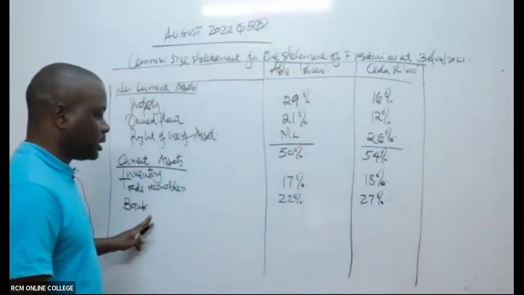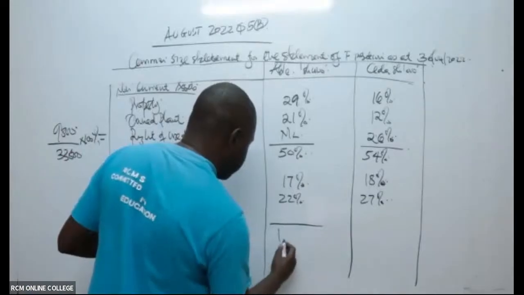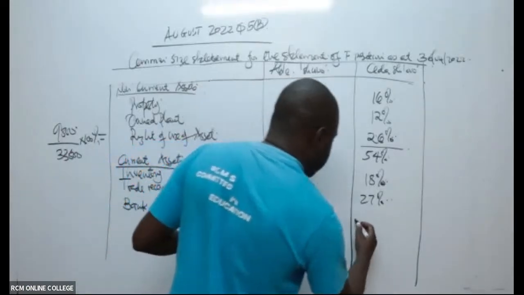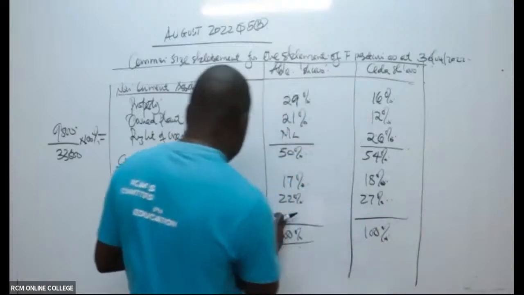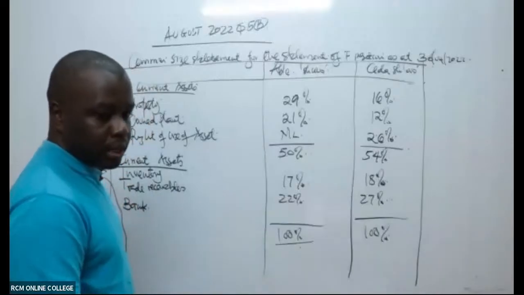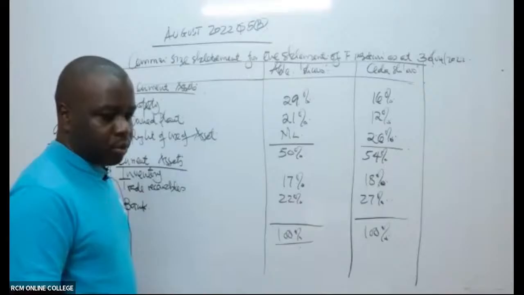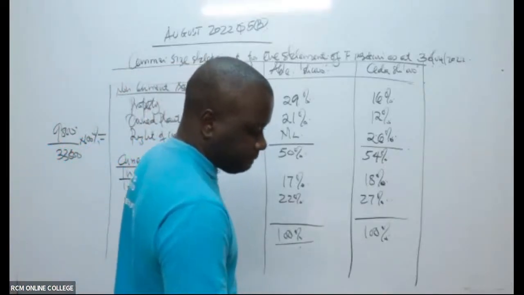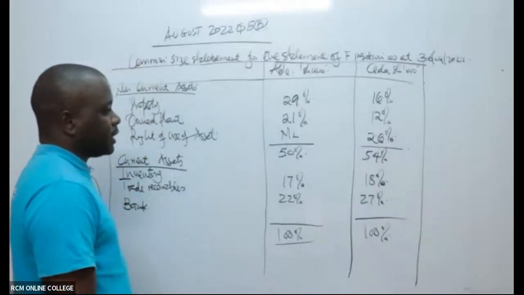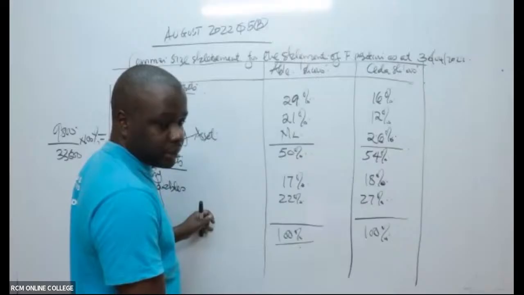And the bank. This should give us a total of 100%. What about bank here? For bank, 11.5%.